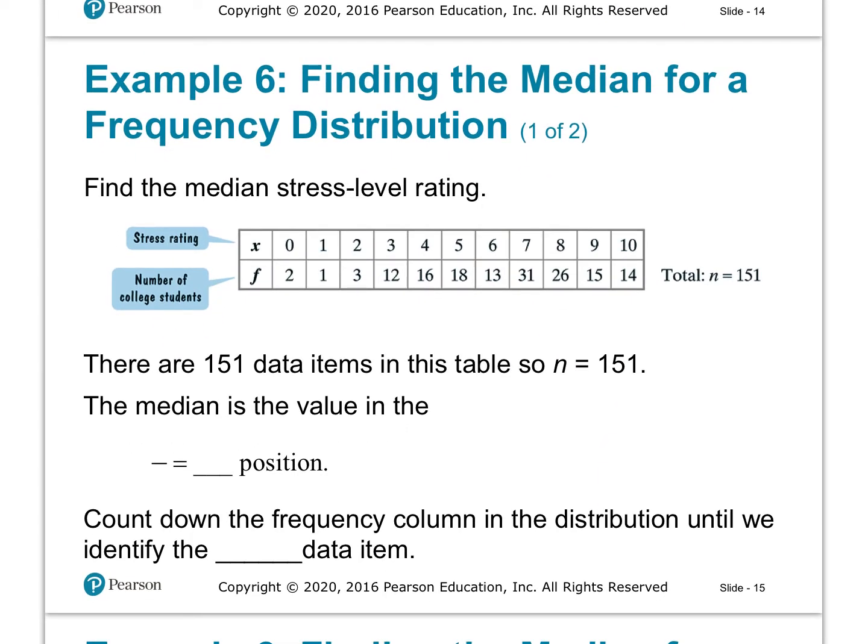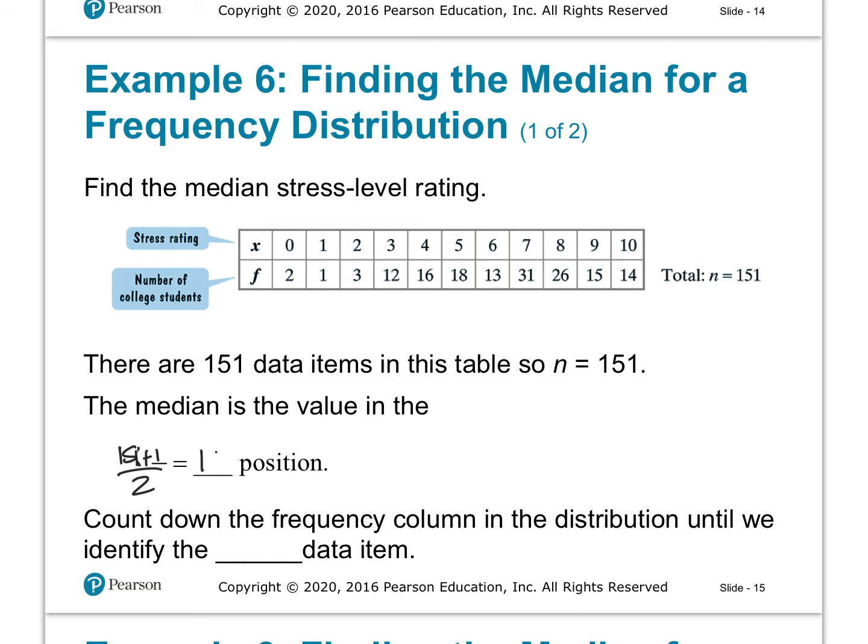All right, finding the median for a frequency distribution. There are 151 data items in the table. So the median value is, you do 1 plus 151, over 2.